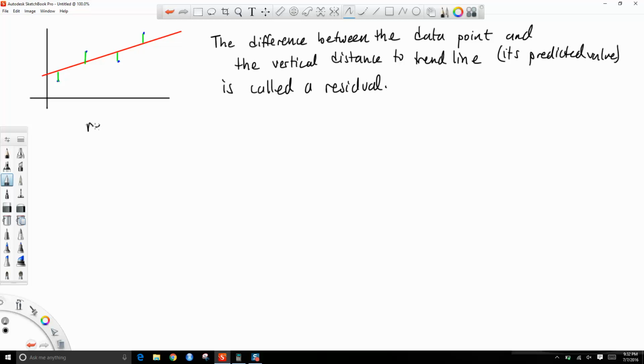So the residual is equal to the actual value minus the predicted value for that x. The trend line is selected to minimize the sum of the squared residuals.